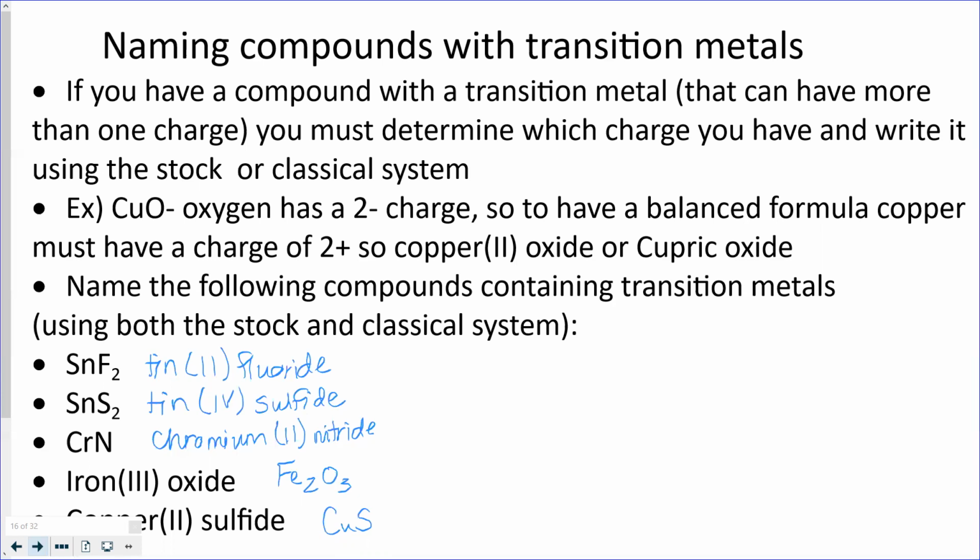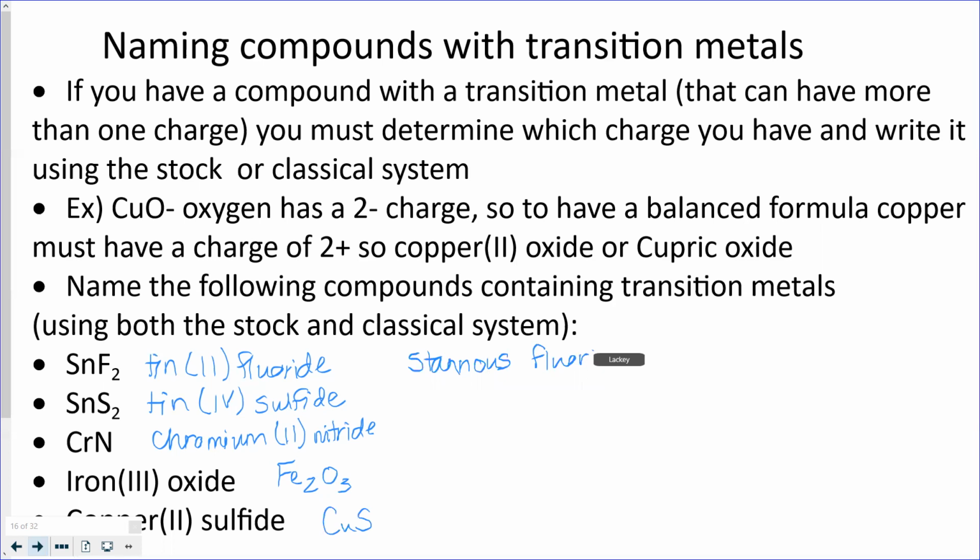If we wanted to add the classical system in here, so you'll have to do that for those 5. Tin was one of your 5 that had the Latin root. So tin we said could either be a +2 or a +4. We said tin 2 was the lower charge, so that was the stannous. And then we would simply add the anion name.